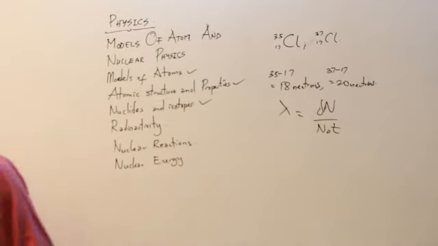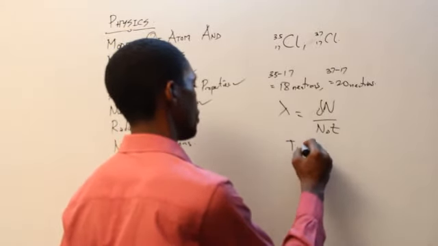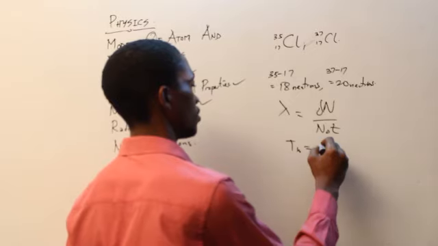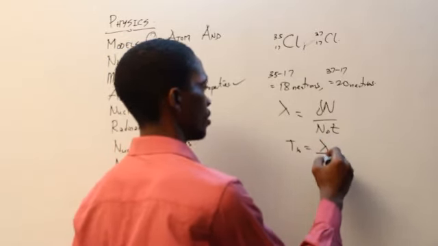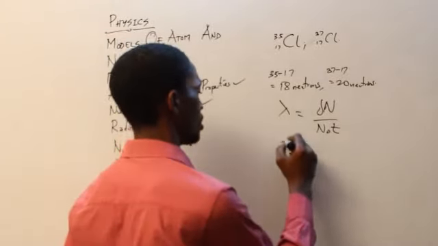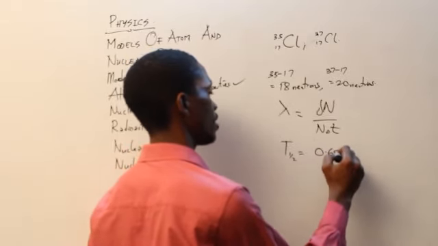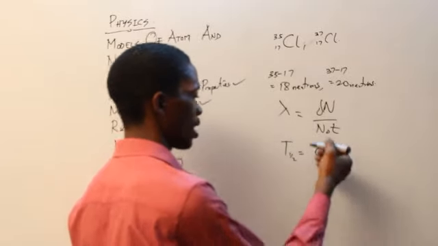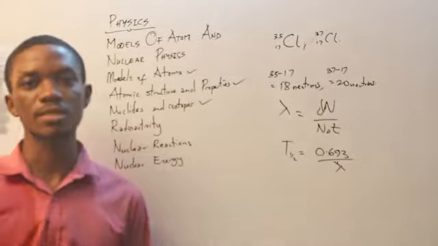The time for half-life to decay can be calculated as 0.693 divided by lambda, where lambda is our radioactive decay constant.